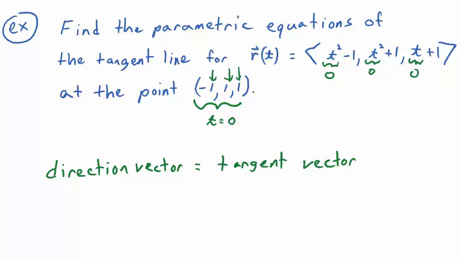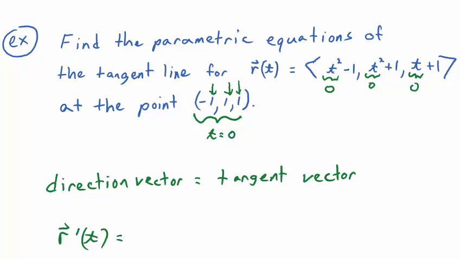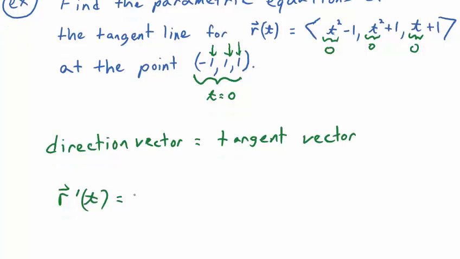Okay, so let's find r prime of t. R prime of t you can get by taking the derivative of each component of your vector valued function. So hopefully you can see that that's going to be 2t, 2t, and 1, if you take those derivatives. But we're really only interested in the tangent vector at t equals 0.